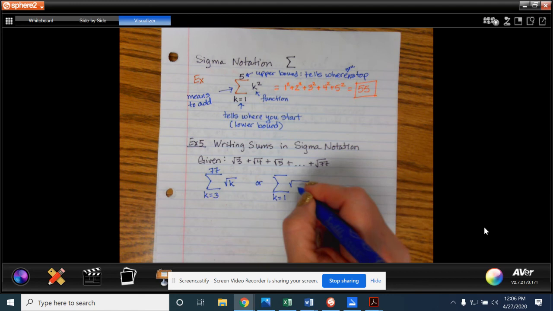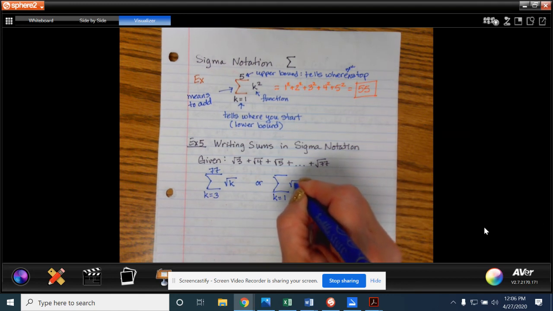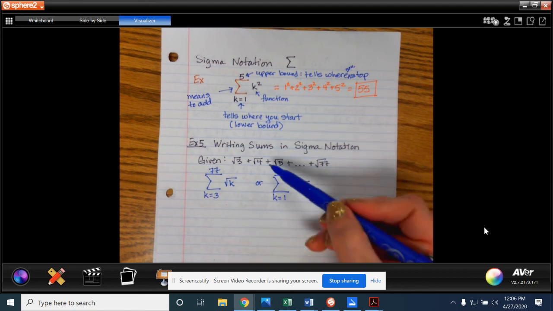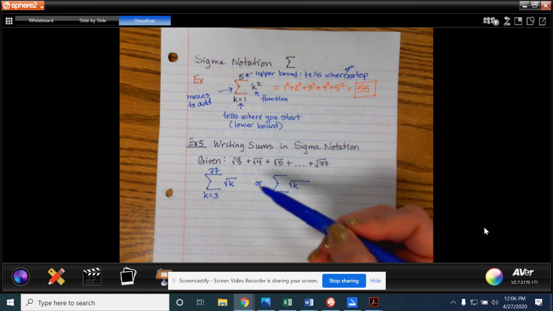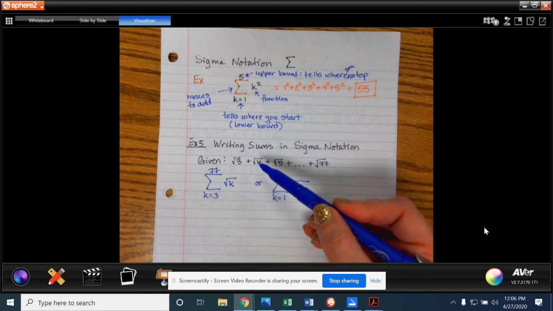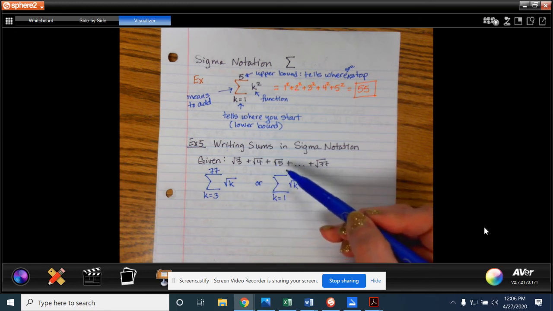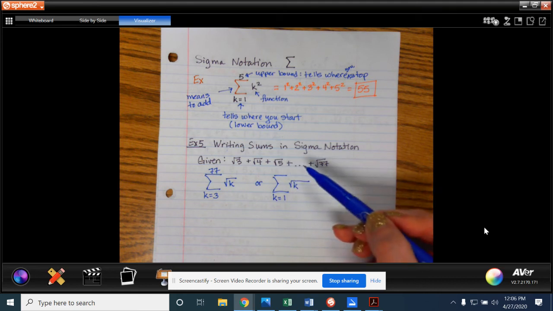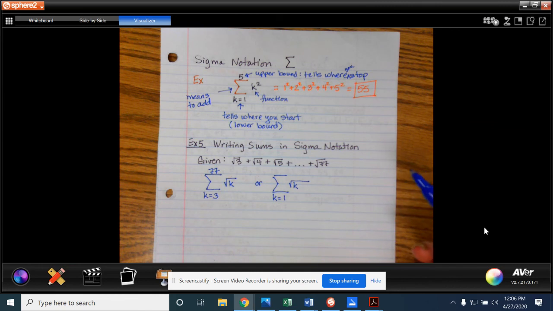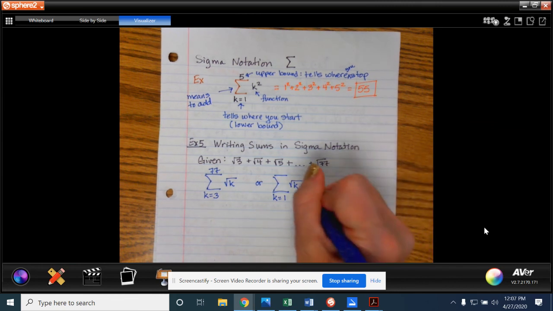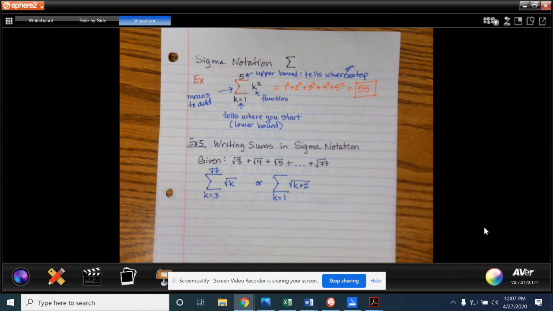What if k is 2? The next one would have to be 2 plus something. If k is 3, it would have to be 3 plus something. What's the constant that is added? Well, 2 is added each time.